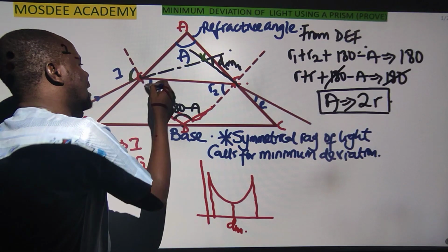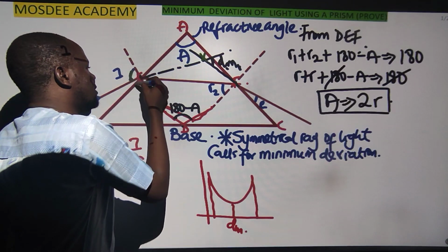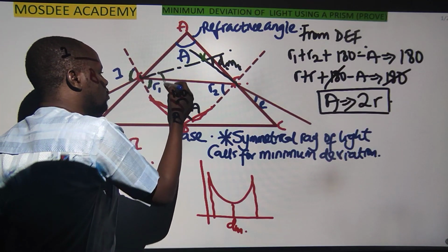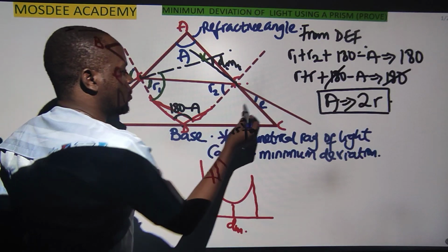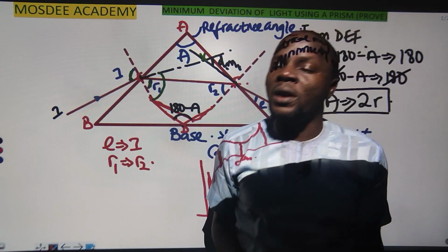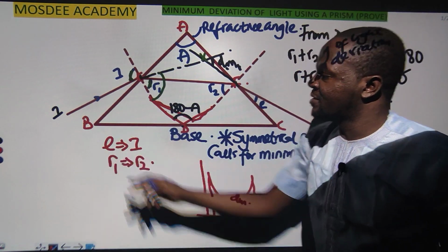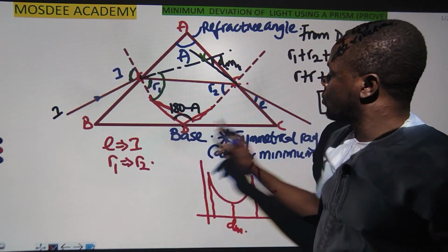The total angle at this point is I. The angle here is R1. So the total angle from here to here is I. The total angle from here to here also must be I. The same thing here. We say if a ray of light will be minimally deviated, what happens to the emergent ray? The emergent angle must be equal to the angle of incidence. That means E is also equal to Y.